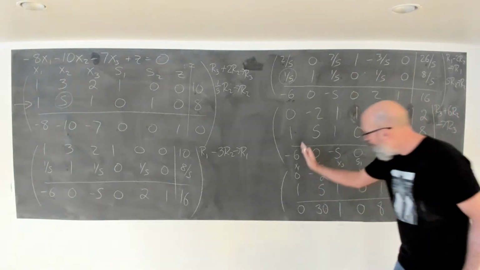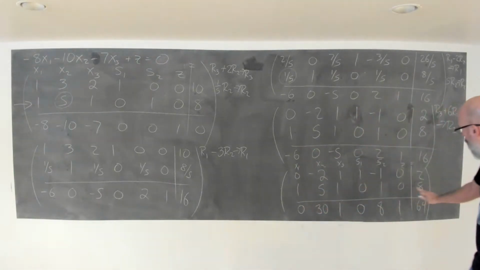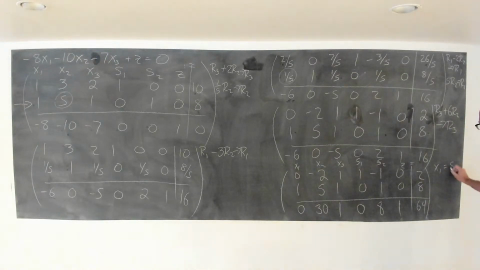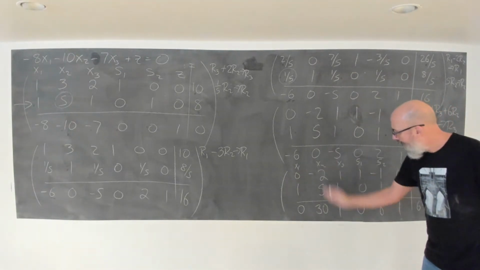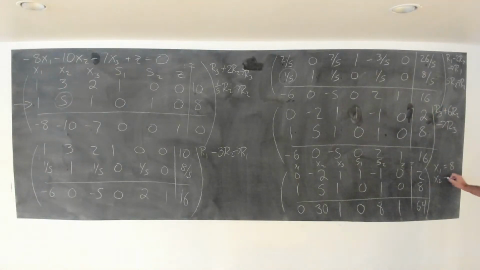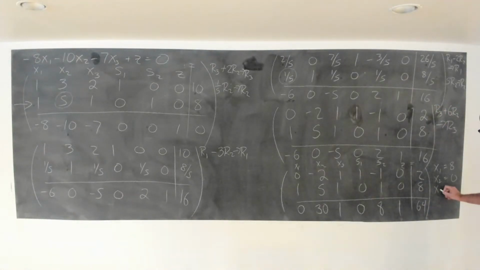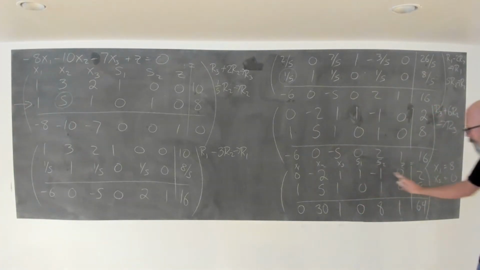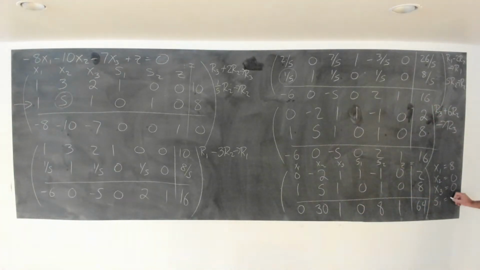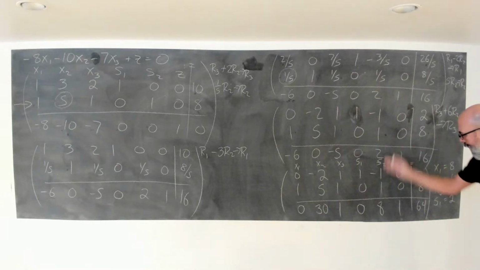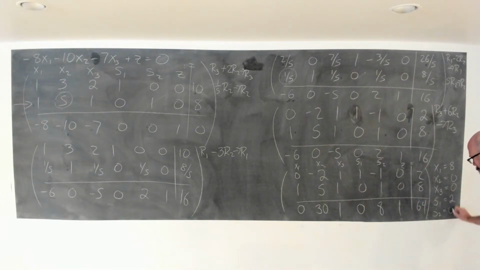So what's happening? x1 has a leading 1, x1 is 8. x2 does not have a leading 1, x2 is 0. x3 does not have a leading 1, x3 is 0. s1 has a leading 1, s1 is 2. s2 does not, s2 is 0. And finally, z, when you write it here, z has a leading 1, z is 64.